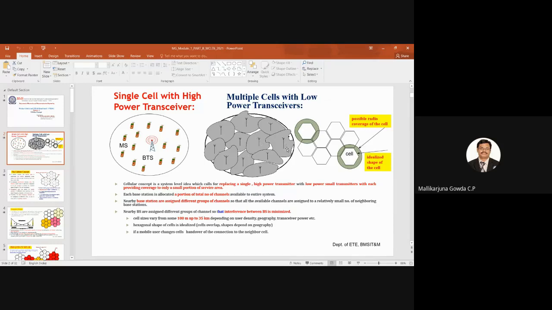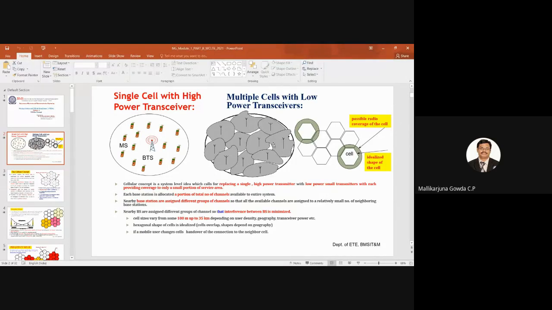Here we are reducing the power, and by reducing the power, we will be able to reuse the frequencies. So the concept of frequency reuse played a very important role in utilizing the spectrum as efficiently as possible.